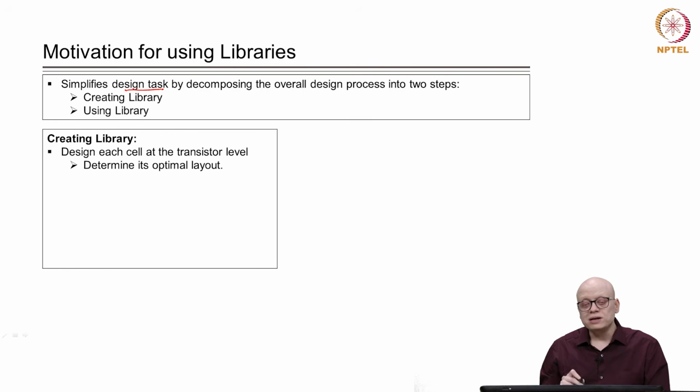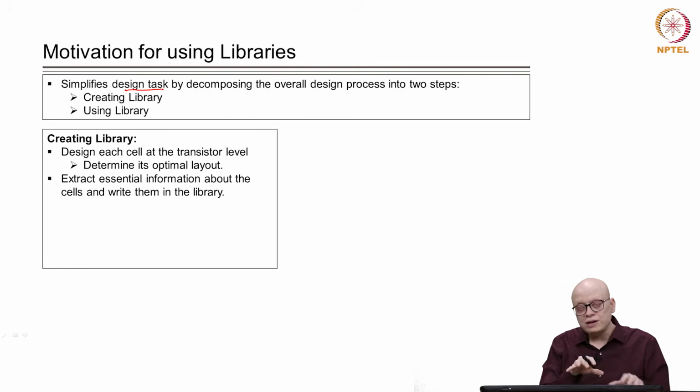So, we determine the optimal layout for each of the cells, for example, there will be AND gate, OR gate, NAND, NOR, flip flops and so on. Many types of cells will be there, and we will be making an optimal layout for all these individual cells. That is what is done in the creating library step.